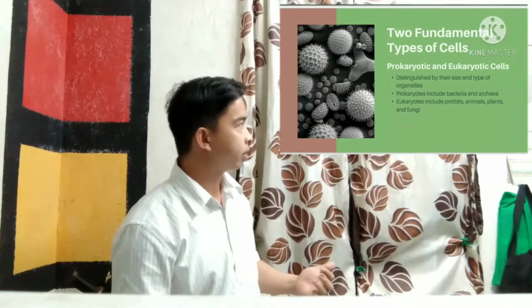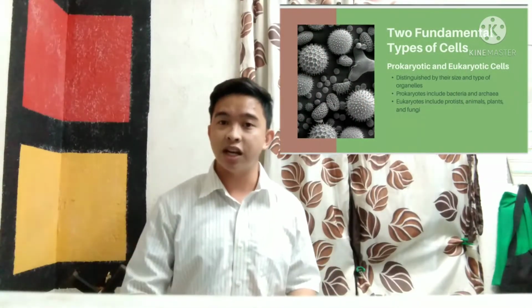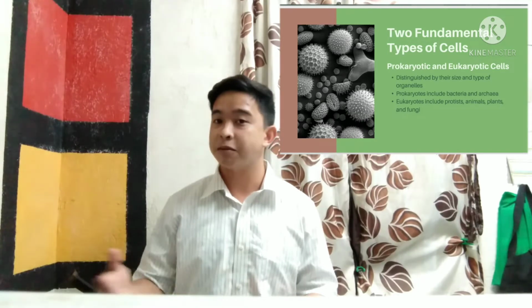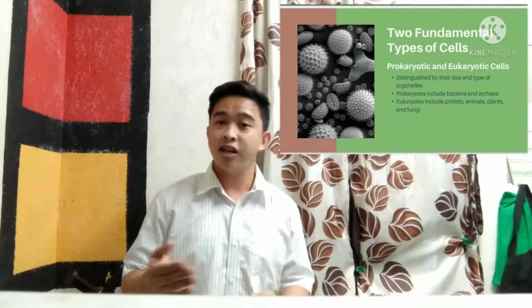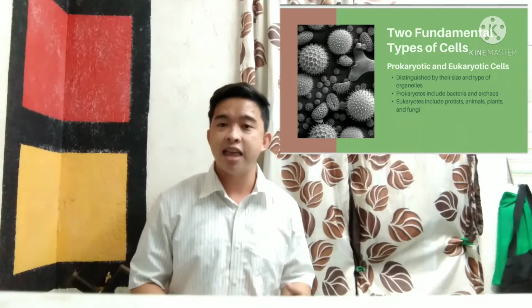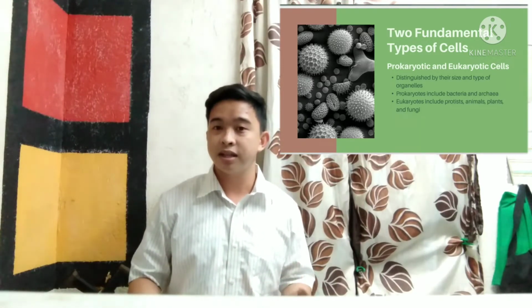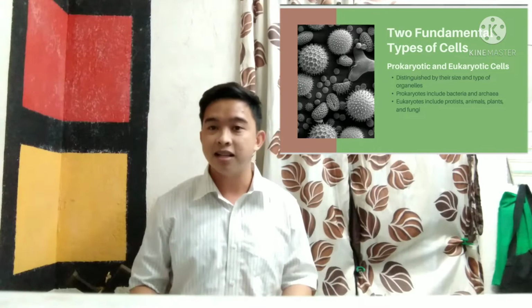Okay. For the 2 fundamental types of cells, we have prokaryotic and eukaryotic. They are distinguished by their size and types of organelles. Prokaryotes include bacteria and archaea, while eukaryotes include protists, animals, plants, and fungi, even humans.